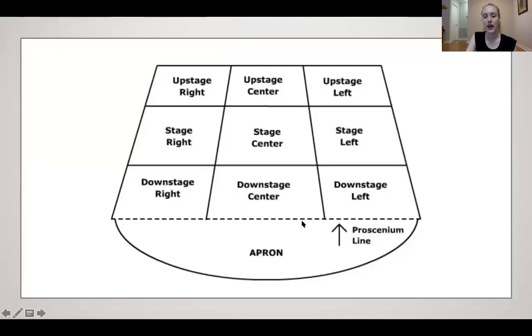So if we have our center here, where my cursor is, we have our quarter mark here, we're going to have an eighth mark here and an eighth mark here. Same thing on this side. If we have our center mark here, our quarter mark is going to be here. Our eighth mark is going to be in between the center and the quarter, and also between quarter and far stage right.